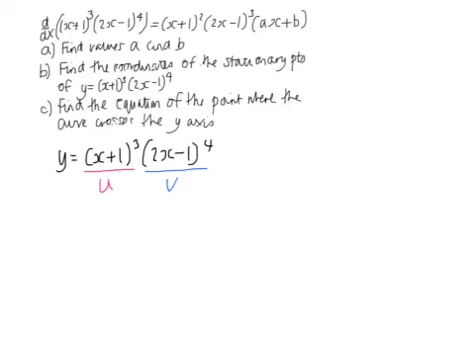So we're going to have to use the chain rule on each of these terms in order to be able to differentiate them. If you want to pause the video and just have a go at working out what du by dx and dv by dx are, that'll be a good bit of practice of your chain rule, but if not, just continue on.